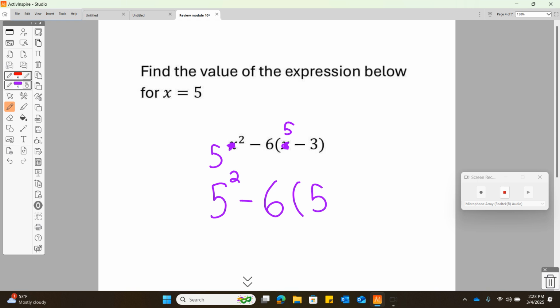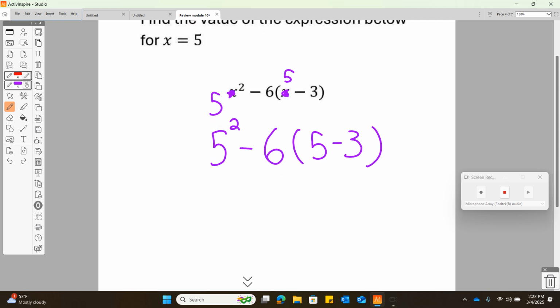So 6 parentheses 5 minus 3 means 6 times the quantity of 5 minus 3. Now I can follow order of operations, which is grouping symbols, exponents, multiplication, division, addition, subtraction.